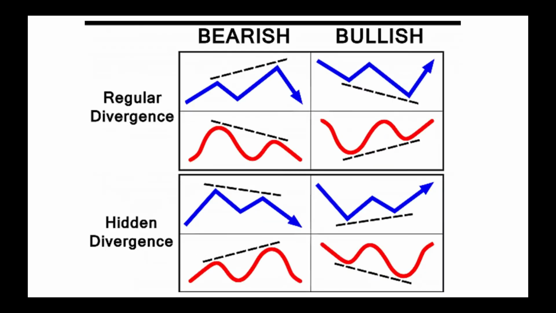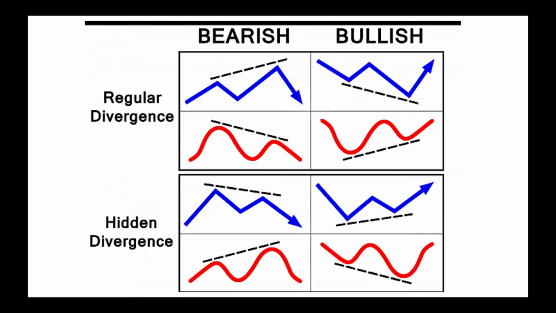So, to sum up, we have bearish and bullish divergence, and we have regular divergence and hidden divergence. What does that mean? If in the future we will have a bullish trend, we talk about bullish setups. If we have a future bearish setup, we talk about bearish divergence. I don't want this to be complicated.